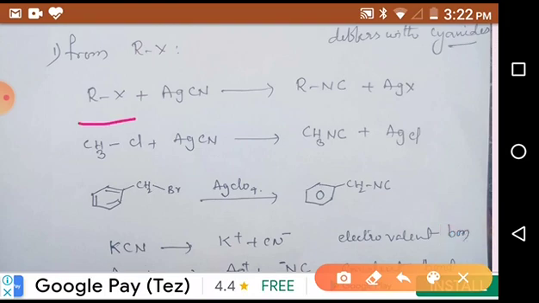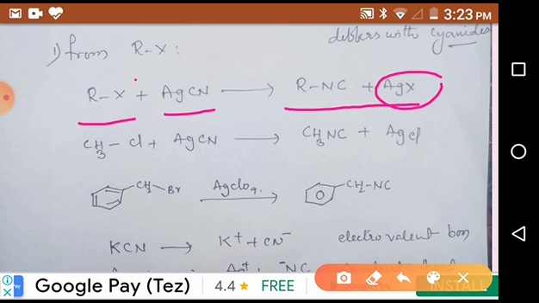Alkyl halides, or RX, when they react with silver cyanide, give alkyl isocyanide or alkyl carbylamine plus silver halide.